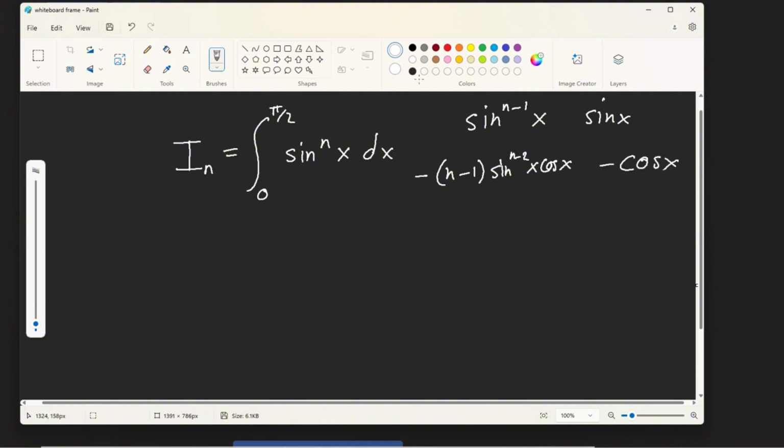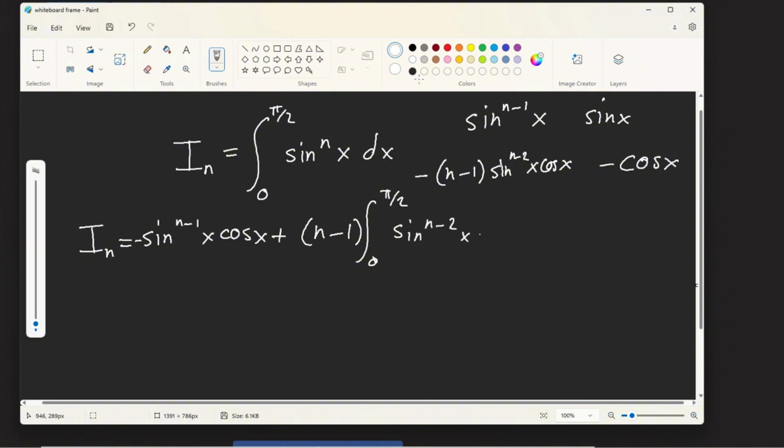negative cosine of x. And then you have, okay, so I of n is equal to sine of n minus 1 x, negative cosine of x, plus n minus 1 integral from 0 to pi over 2 of sine n minus 2 x cosine squared, and this cosine squared becomes 1 minus sine squared.